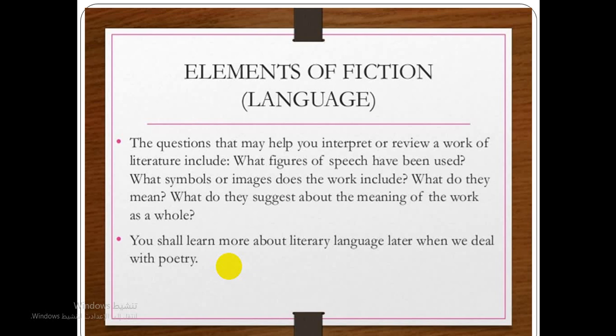So the author's style has to do with the author's vocabulary, use of imagery, tone, or feeling of the story. It has to do with his attitude towards the subject. In some short stories, the tone can be ironic, humorous, cold, or dramatic.